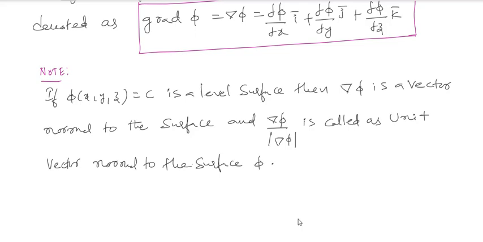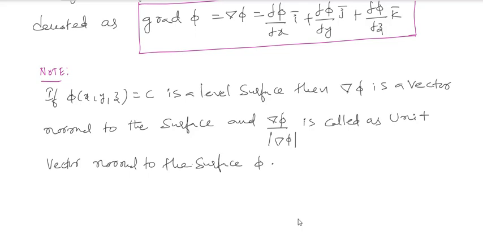So del phi by mod del phi, you will call it as what? Unit vector normal to the surface, and del phi is a vector normal to the surface. Clear with my point? So based upon that, you people have to do the analysis. Clear with my point? Yes or no?